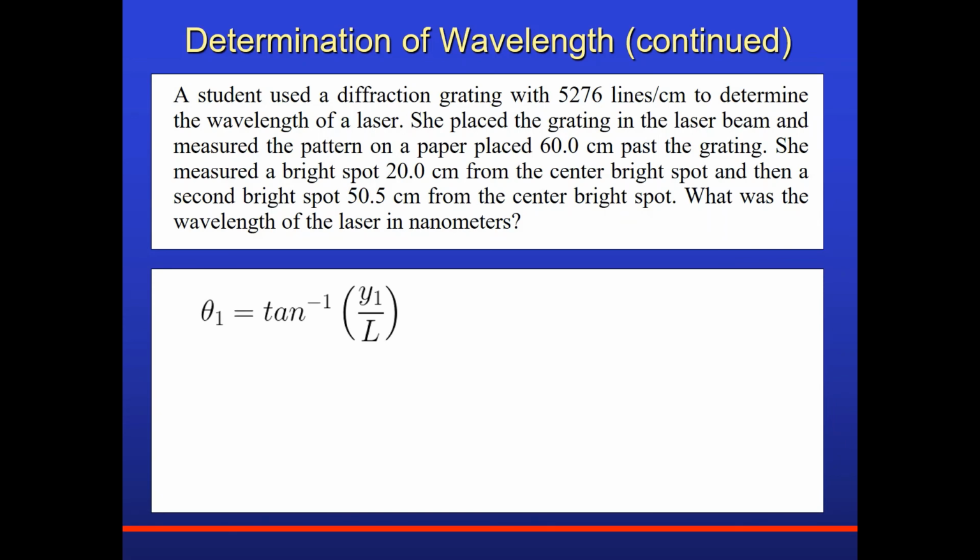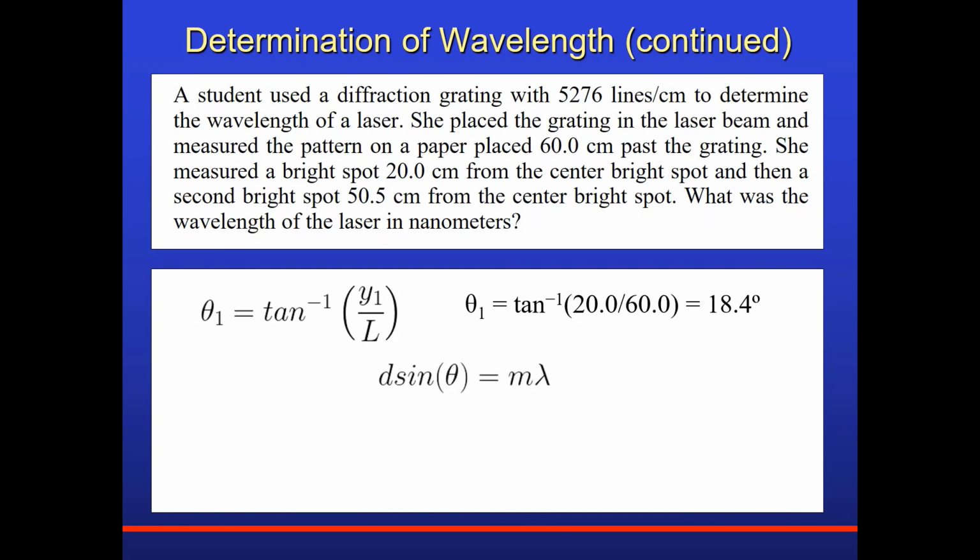Theta 1 is tan inverse of y1 over L. y1, the distance of the first spot from the center, in the problem is 20 centimeter. L, the distance from the grating to the paper, is 60 centimeter. So we take the tan inverse of 20 over 60 and get 18.4 degrees.